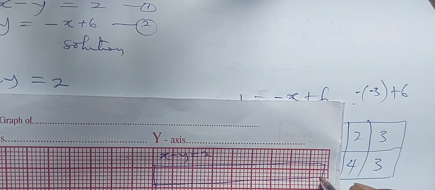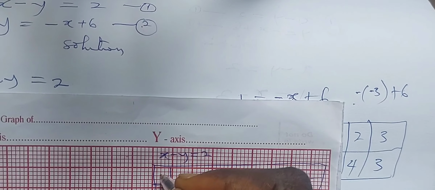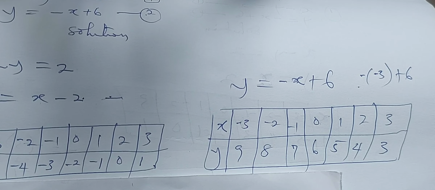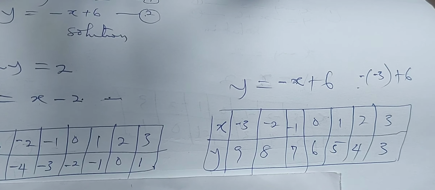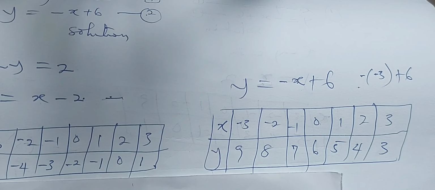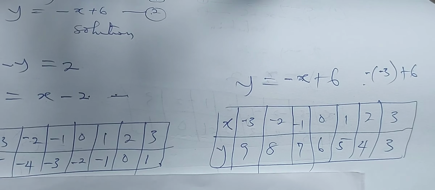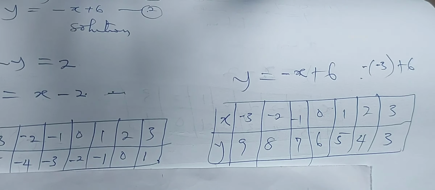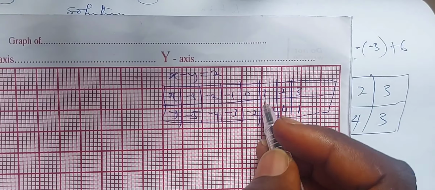We have your x and y: minus 3, minus 2, minus 1, 0, 1, 2, 3, so that you will not find it difficult when you want to plot. The values of y will be minus 5, minus 4, minus 3, minus 2, minus 1, 0, and 1. So this is what you write by the side.